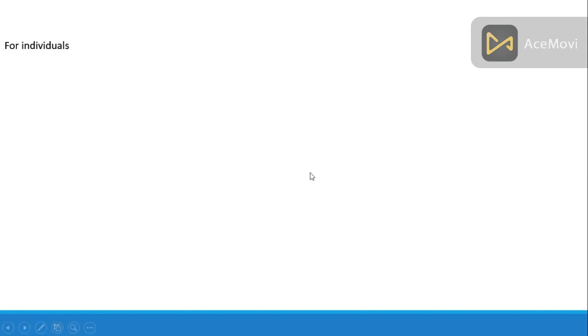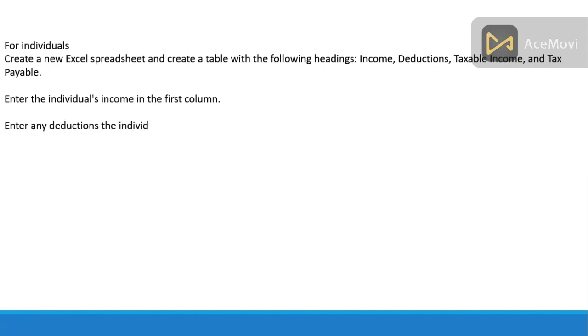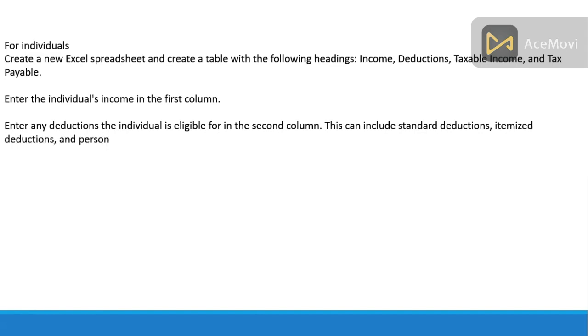So for individuals, when you are on the Excel spreadsheet, you just create a table with the following headings. You can decide to create a table going horizontally or vertically. For here we will do something vertical. Under taxation, there is income, that's what you get, and there are also expenses or deductions, what you pay out.